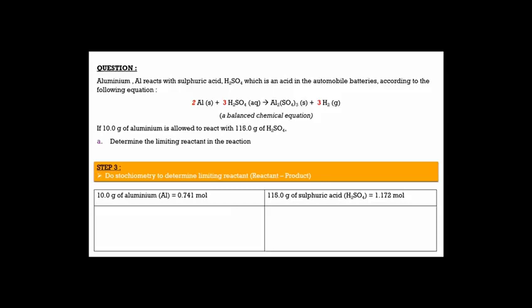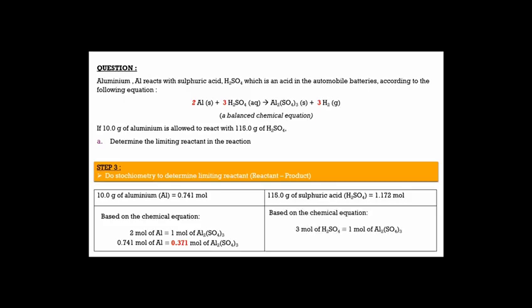These two are the number of moles of reactants that are available in the reaction chamber. Based on the given chemical equation, 2 moles of aluminium react to produce 1 mole of aluminium sulfate. We only have 0.741 mole of aluminium. That means we can only produce 0.371 mole of aluminium sulfate. Let's look at sulfuric acid.